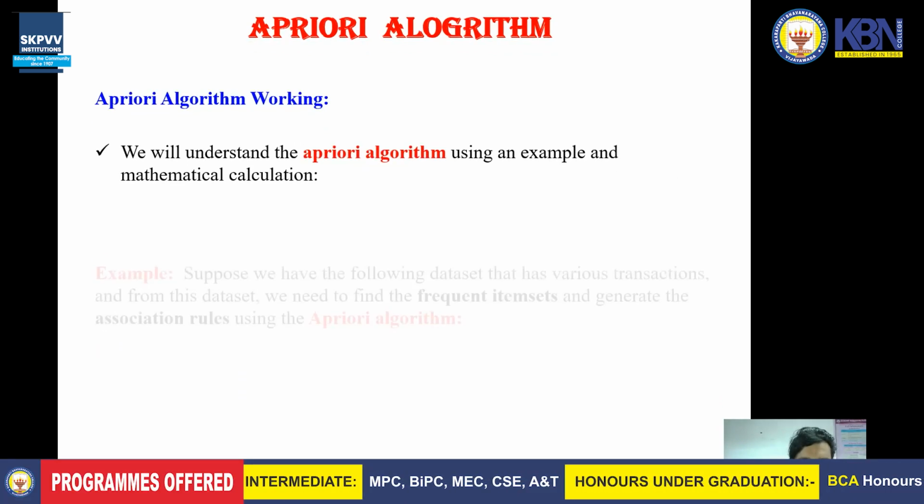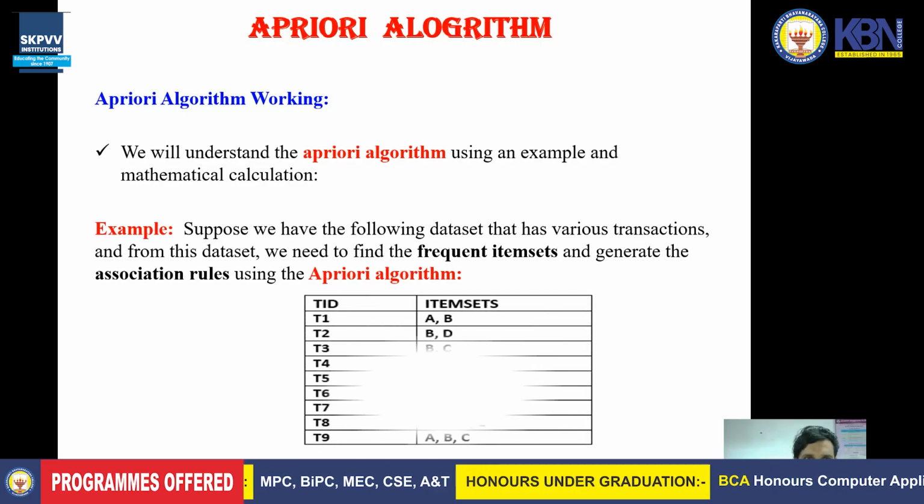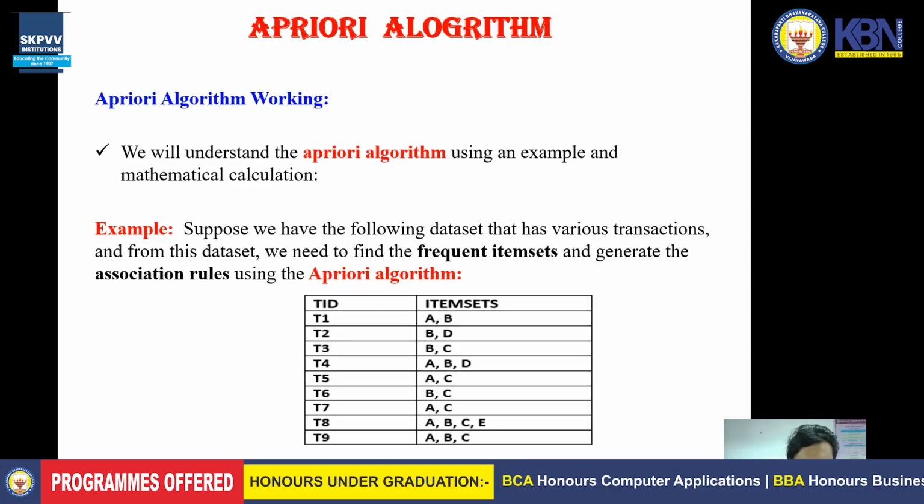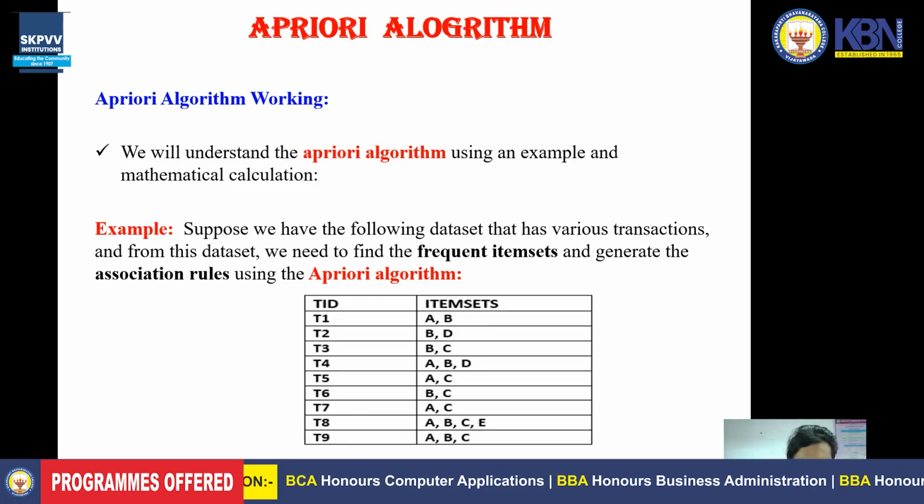The first step is an example. The transactional database has TID representing the transaction ID. For the T1 transaction, A and B are the item sets. T2 has B and D. T3 has B and C. T4 has A, B, D. T5 and so on.